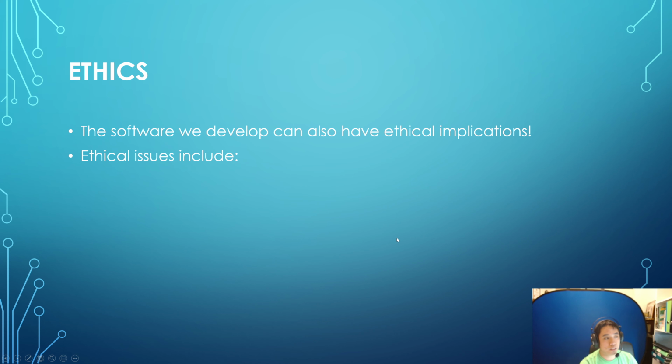Ethical issues include maybe the digital divide, that is, considering how we're going to make our software accessible to the poor, people in rural places, the elderly, people with disabilities, who may need more help using the software.